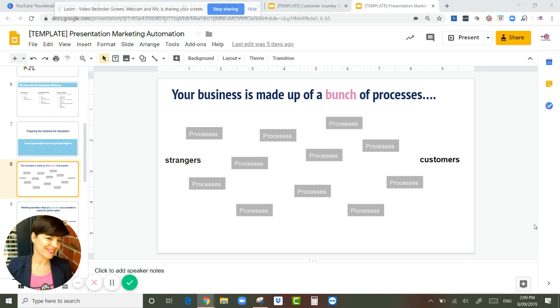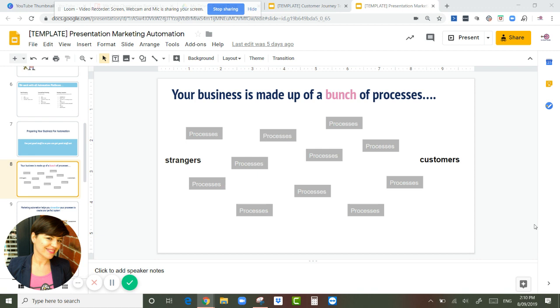Maybe that is a sales process through your various departments, from how the marketing team have presented that ad to how your sales team have spoken to that particular stranger or lead, and how that lead was converted into a customer. From there on, you might also have a process on how that customer gets nurtured throughout your organization.